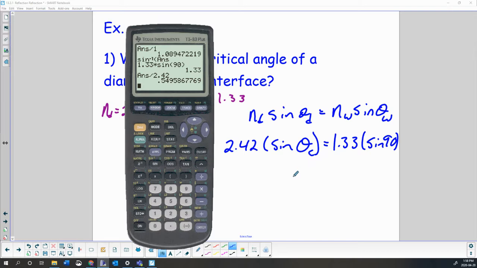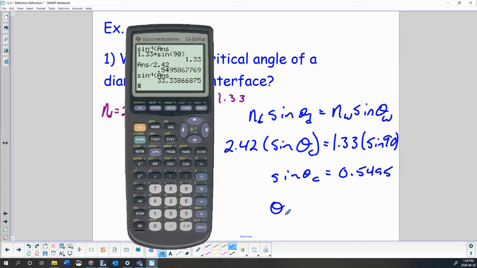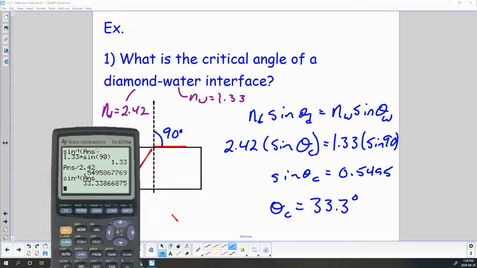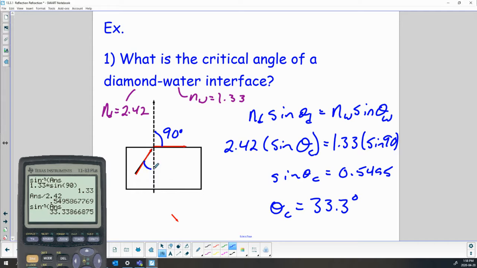Now we have the sine of the angle, in this case the critical angle, 0.549. So I'm feeling good that we'll be able to solve this. Inverse sine of that, 33 degrees. So the critical angle is equal to 33.3 degrees. In other words, if this angle is 33.3 degrees or greater, we will get total internal reflection.